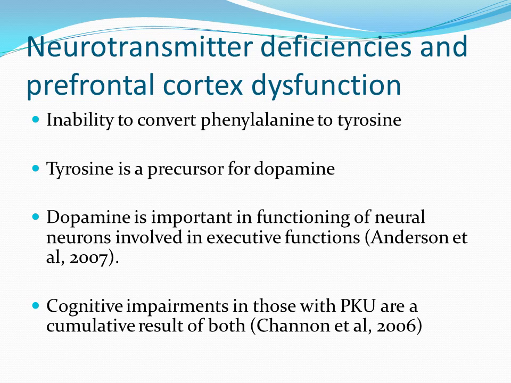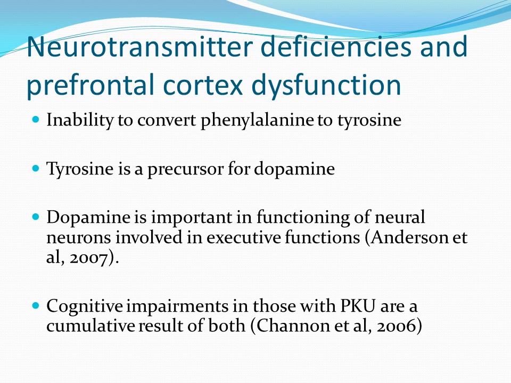Okay, so the second way in which prefrontal cortex dysfunction arises as a result of neurotransmitter deficiencies is due to the inability to convert phenylalanine to tyrosine due to a lack of PAH, as we discussed earlier. Tyrosine is a precursor for dopamine, and without phenylalanine being metabolized into tyrosine, dopamine isn't going to be synthesized from tyrosine. Because of this, there'll be a lower dopamine level.